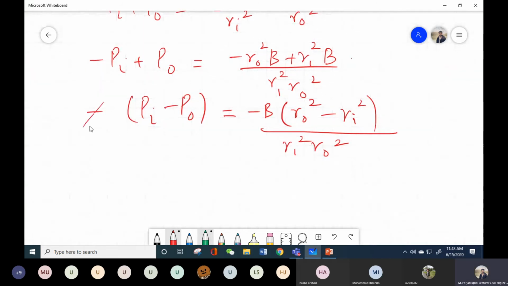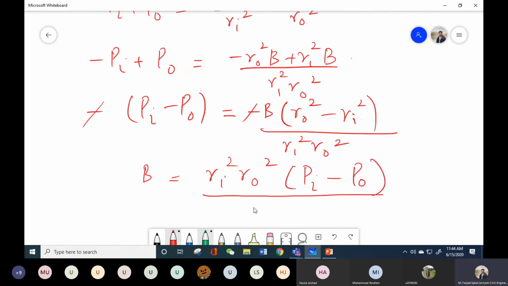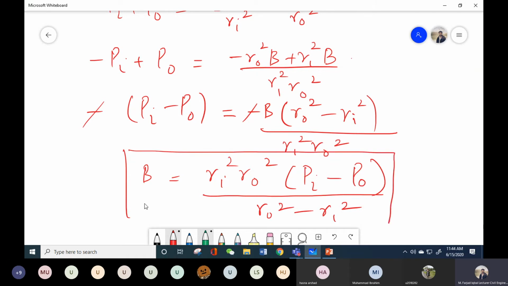So these minus signs will be cancelled out, and the relationship for b will be equal to ri square r naught square times pi minus p naught over r naught square minus ri square. So this is the expression for the constant b.